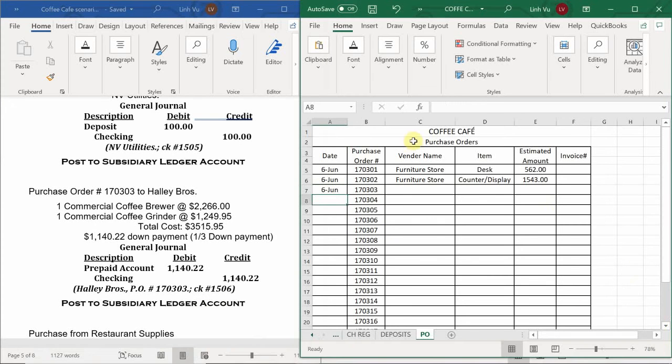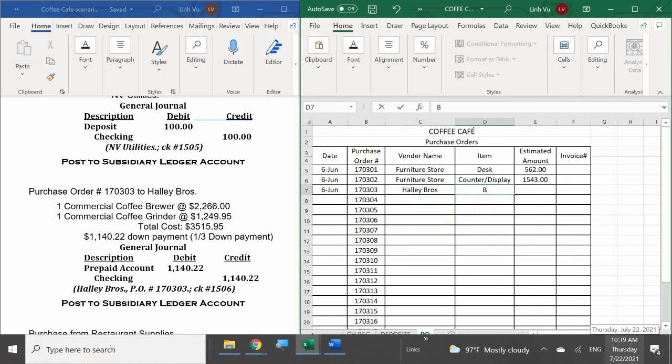Okay, and this time I am purchasing this from Hallie Bros. Okay. And what am I buying from them? I'm just buying a brewer and a grinder. Correct.